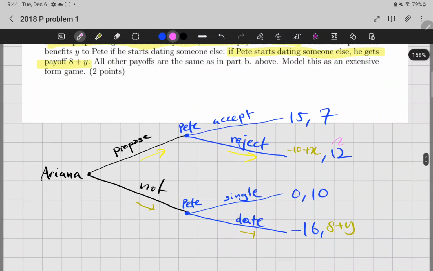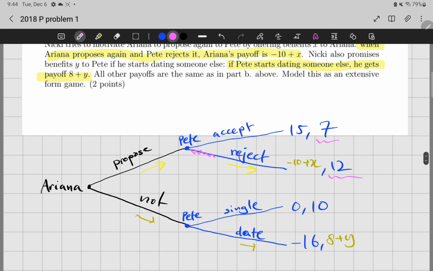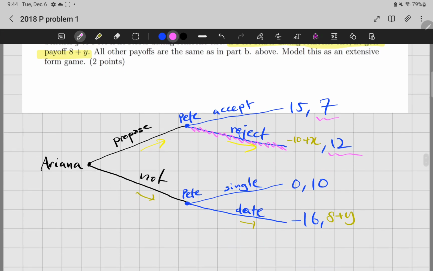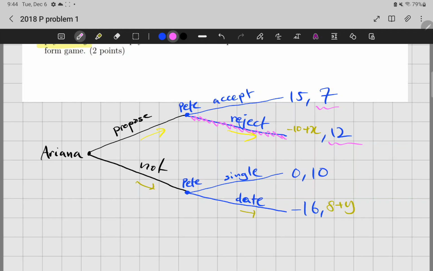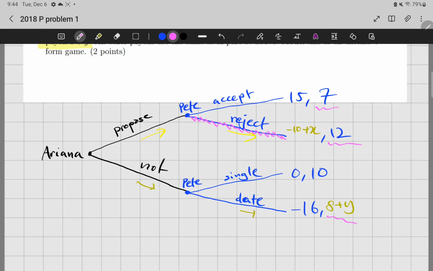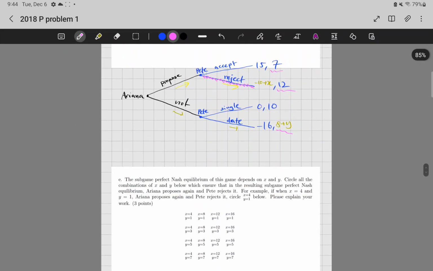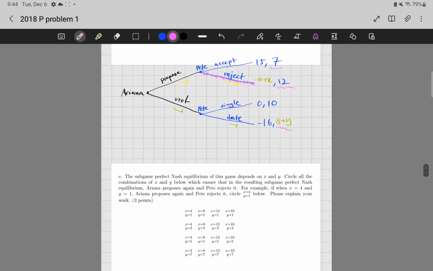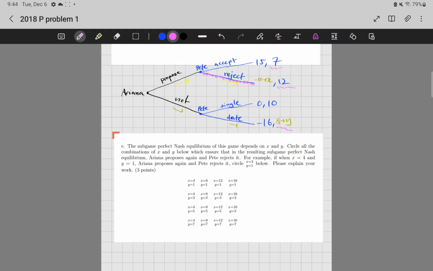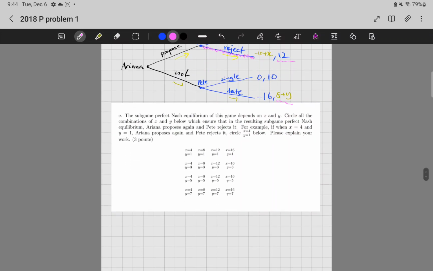We know that for Pete here, because these are unchanged, Pete will choose reject over accept because 12 is greater than 7. However, for this branch, because there is a variable here, we cannot decide right now. So, for the answer to section E, there are two different scenarios.